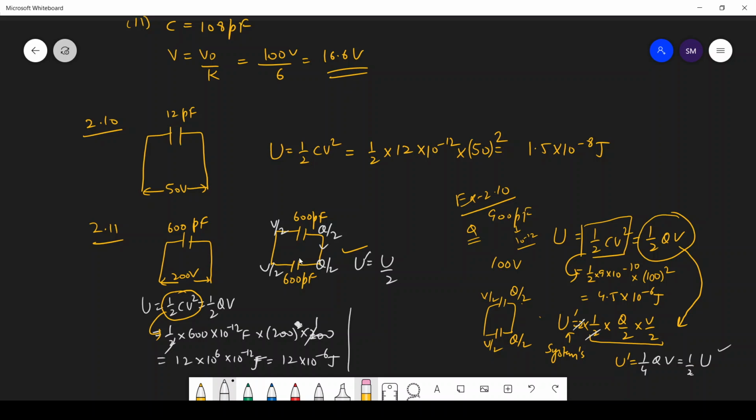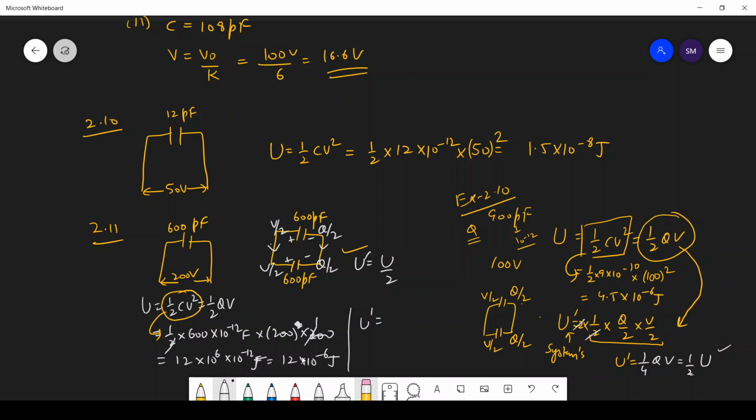Because this charge was moving from this plate to this plate, positive here, negative here, positive here, negative here. When these charges move, they lose energy. Moving charges are accelerating. So these accelerating charged particles lose energy in the form of electromagnetic radiation, and that's how the energy is lost here. So energy remains half of this.